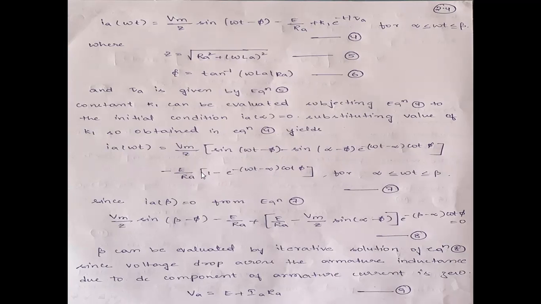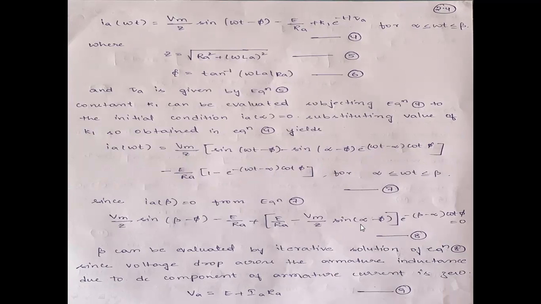Taking common the exponential term e power minus (beta minus alpha) cot phi, which appears in both, you get E by RA minus Vm by Z sine(alpha minus phi).